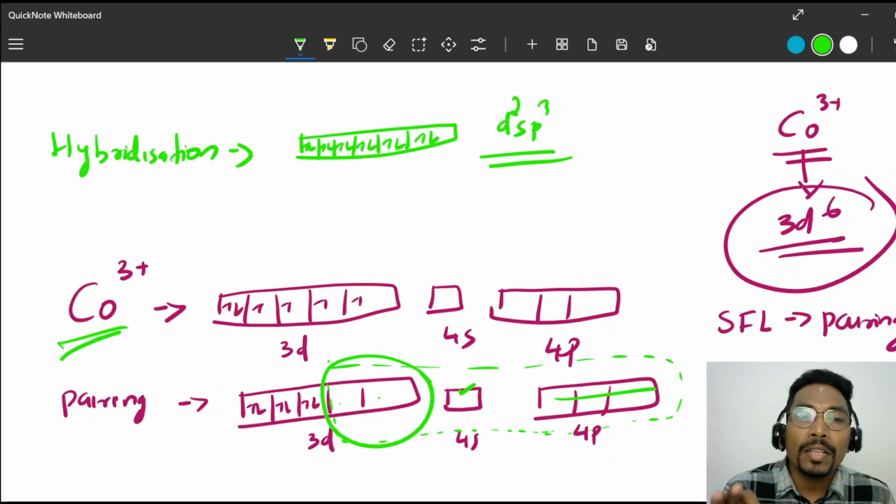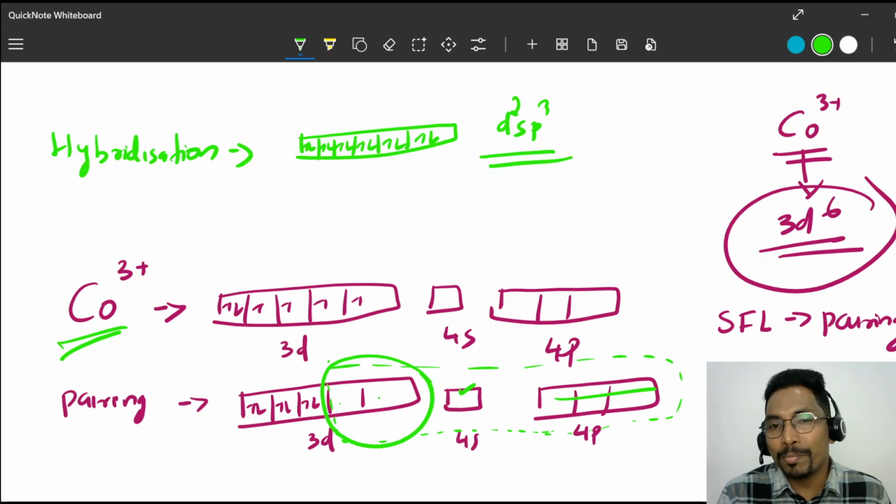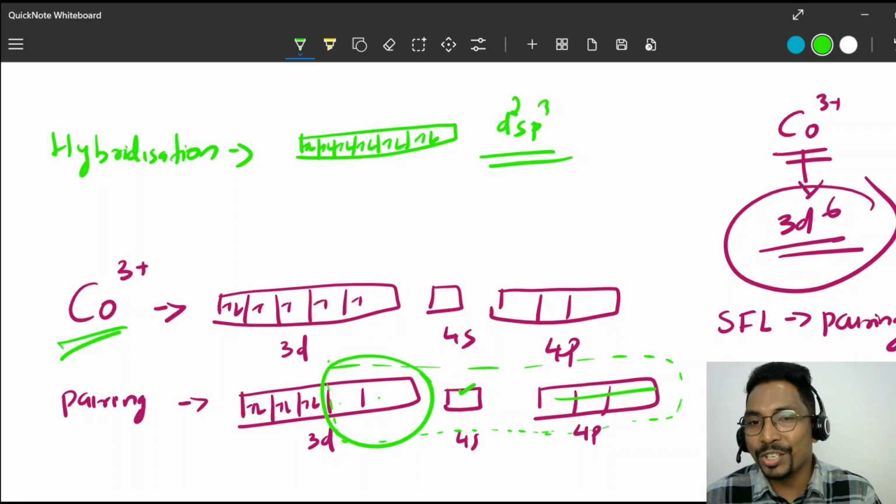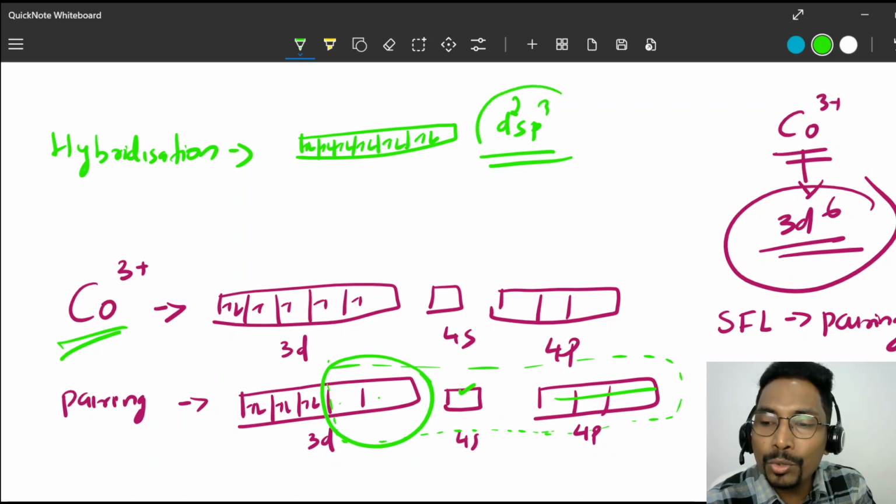After pairing, check how many free orbitals are required by checking how many ligands are there in the complex. Then do the corresponding hybridization. So this is the hybridization, d2sp3. I think this is clear.